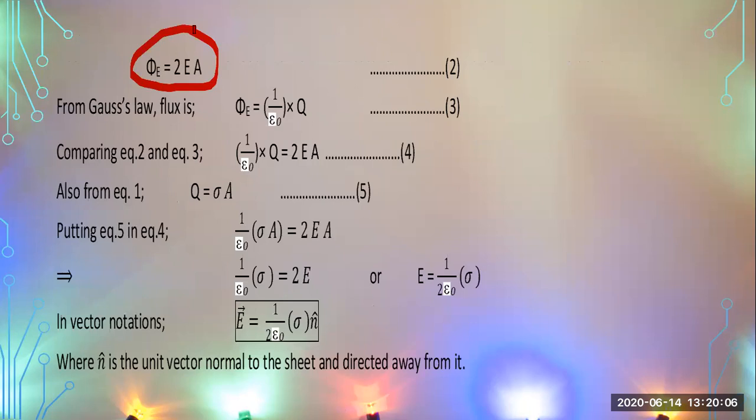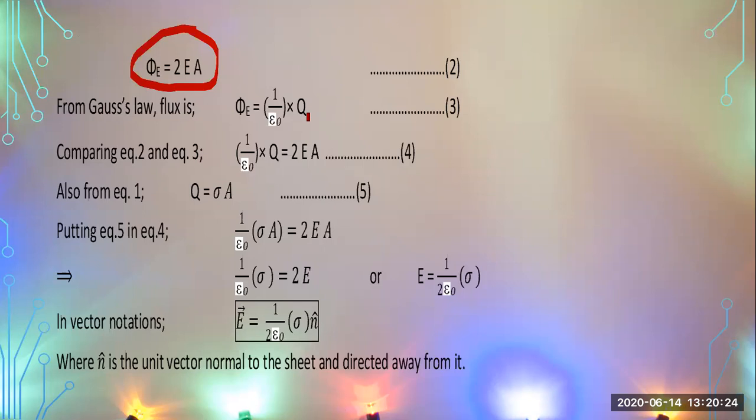Now, at this stage, you are going to apply Gauss's law to calculate electric intensity for an infinite charge sheet. That is phi E equals 1 over epsilon naught times Q. This is the statement of the basic mathematics of Gauss's law.